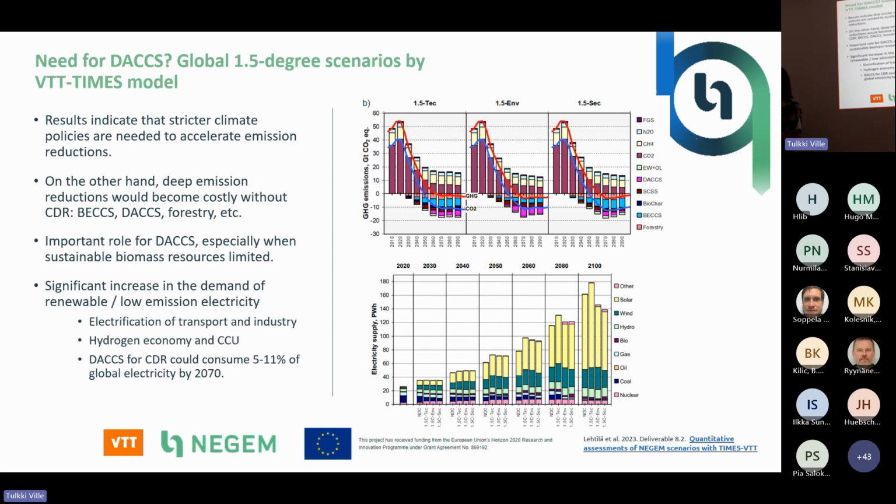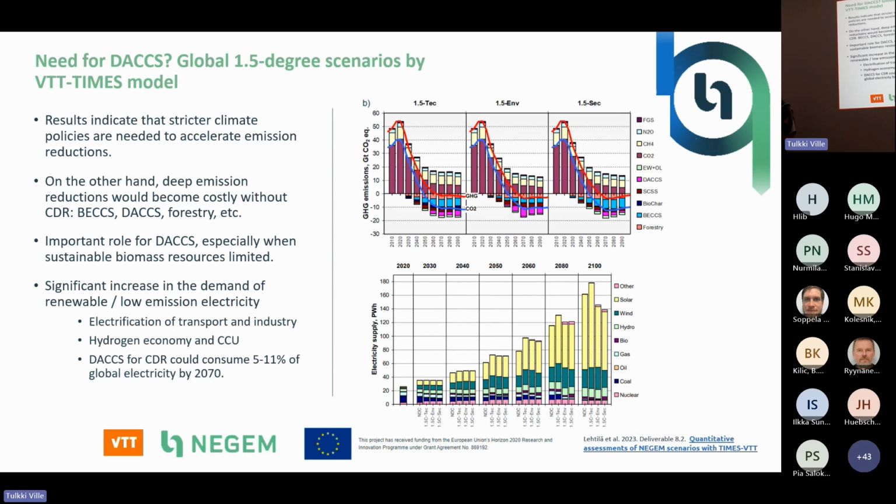And on the lower picture, we have the electricity demand in these scenarios. So for these emission reductions, we of course need electricity for many things. We need to electrify our transport sector, we need to electrify our industries, we need the hydrogen economy and the CCU products. And in addition to that, we would need the electricity or the energy for DAC production.